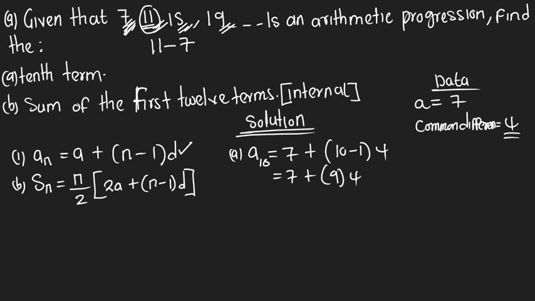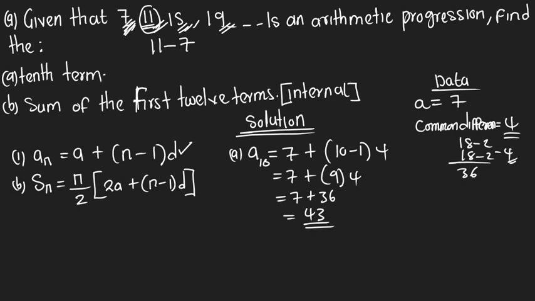So 9 multiplied by 4 is 36, because here there are 2 9s, here there are 2 9s, together there are 4 9s. So it will be 7 plus 36. What are you getting? 43. Are we clear, all of us?